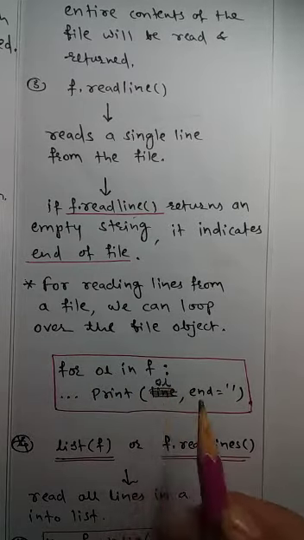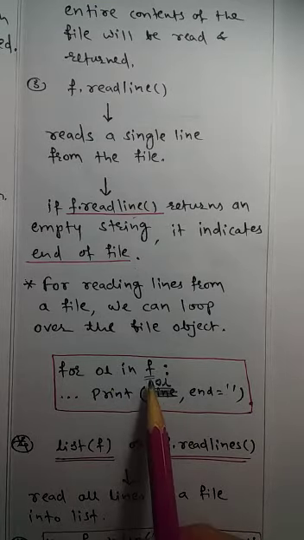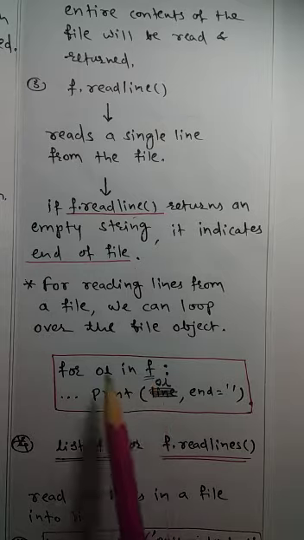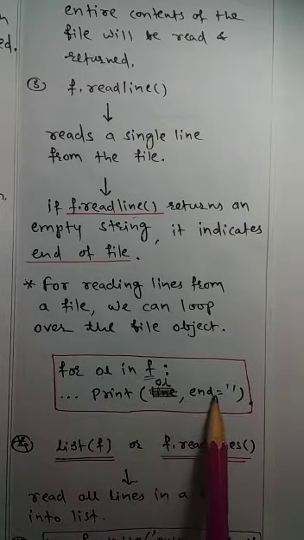So here, for line in f, f is the file object, and that file may contain different lines. Here we are reading each line from the file. So for line in f, print line comma end equal to.